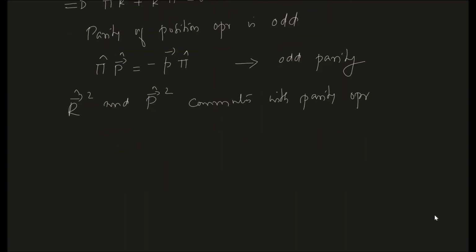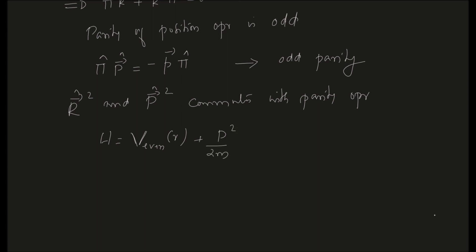Now suppose we have a Hamiltonian of the form H is equal to some potential energy V(r) plus p square by 2m.